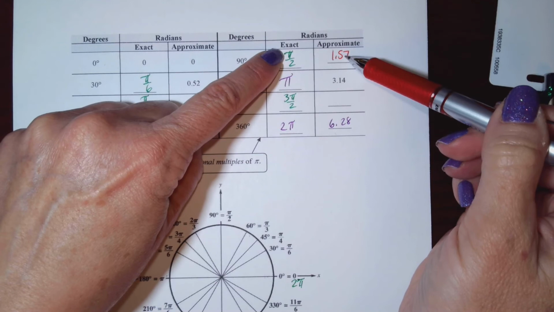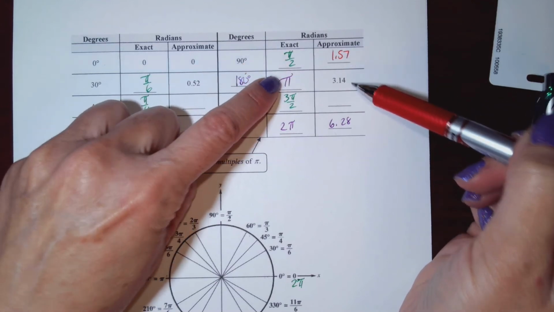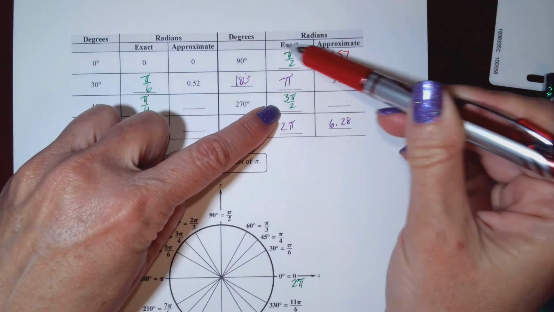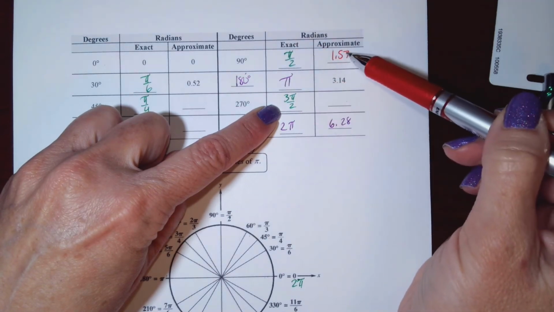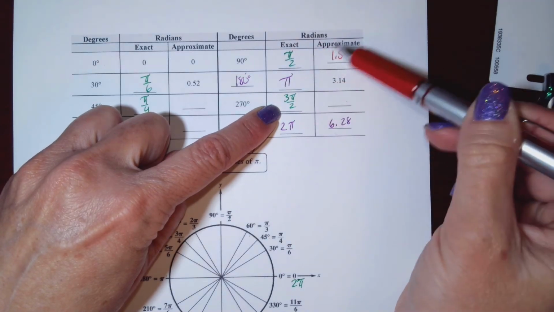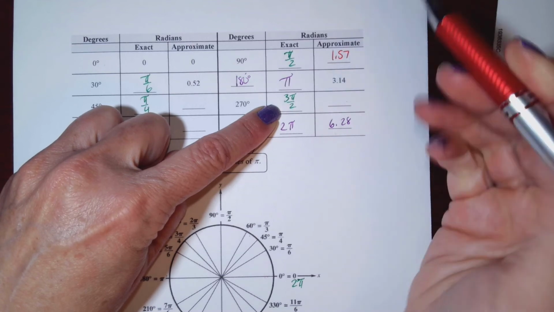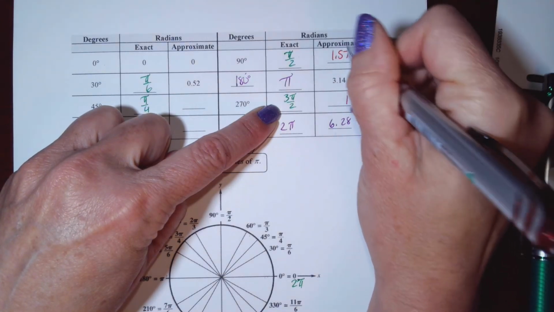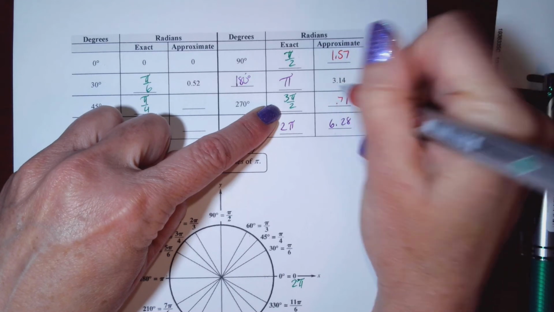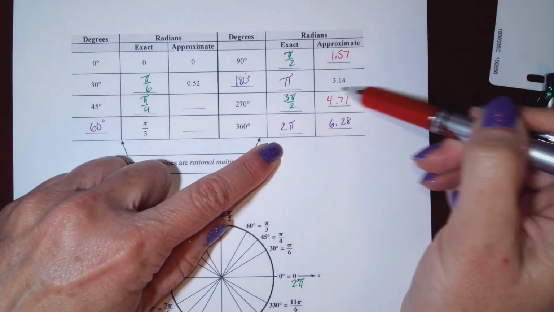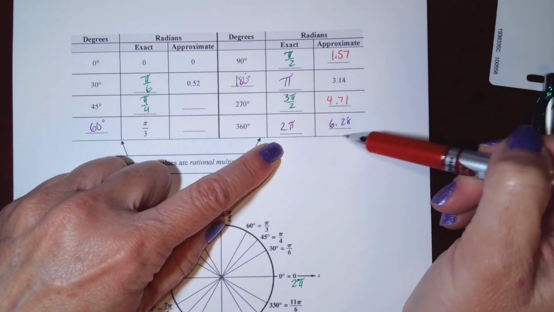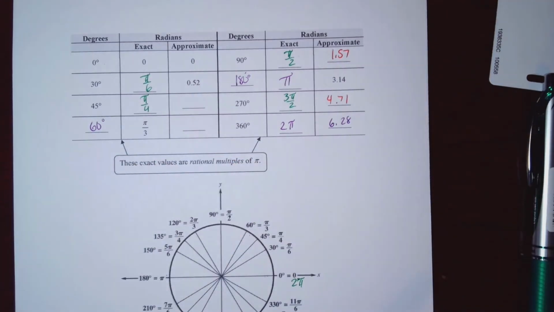So this is 1 pi half, 2 pi halves, 3 pi halves is when I add 1 pi half and 2 pi halves. So if I add my approximation for 1 pi half to 2 pi halves, I get 4.71, and then 2 times that approximation for pi is 6.28.